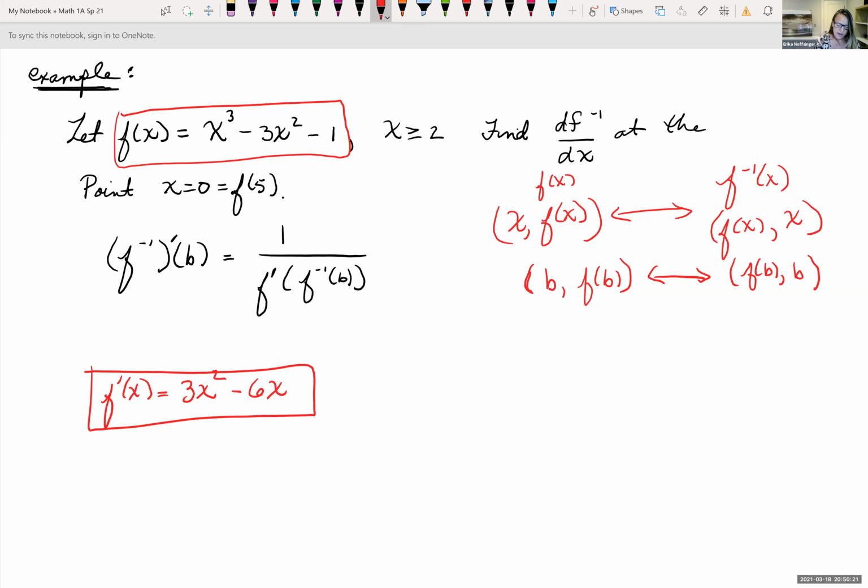The other thing that we have to do, though, is figure out what our y value is when x in our case is 0. So when x equals 0, what is y?